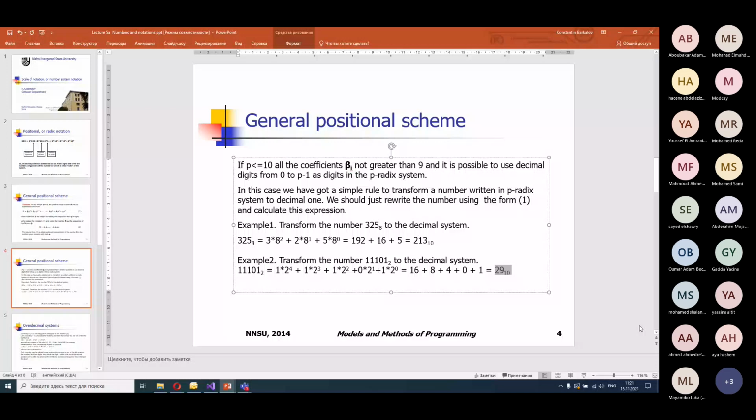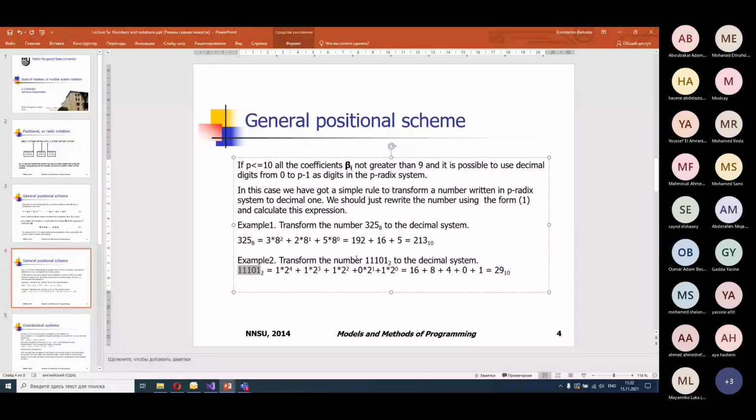It has just 2 digits, 2 states, 0 and 1, that can be coded simply in an electronic device. That's why in computer memory, to store a number, we use the binary system of notation.